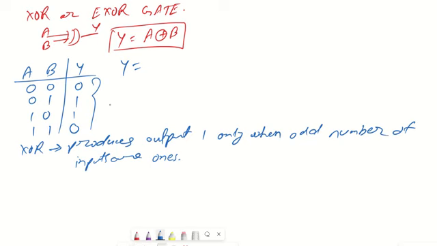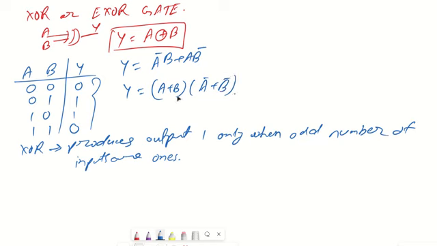So basically my XOR gate is a bar b plus a b bar. Otherwise it can also be written in terms of max term, wherever 0 is there. So it is a plus b into a bar plus b bar. So it can also be written as a plus b into a bar plus b bar.